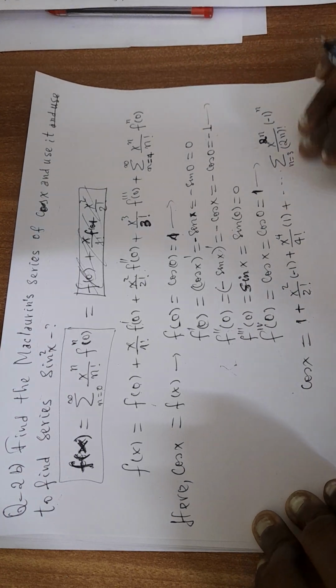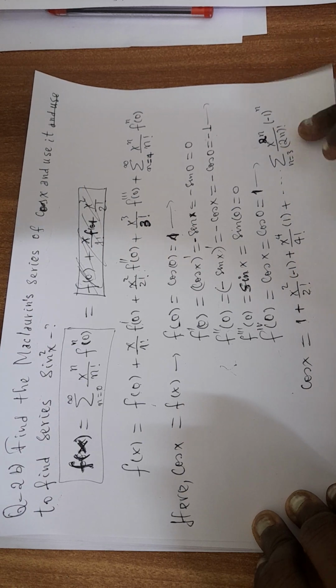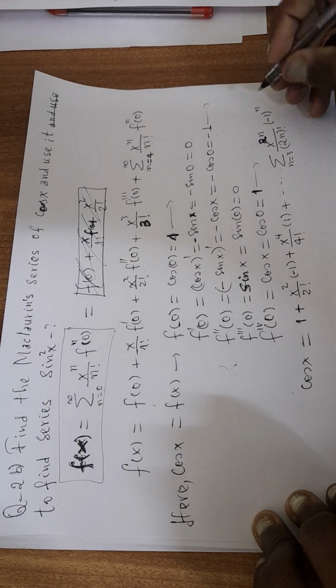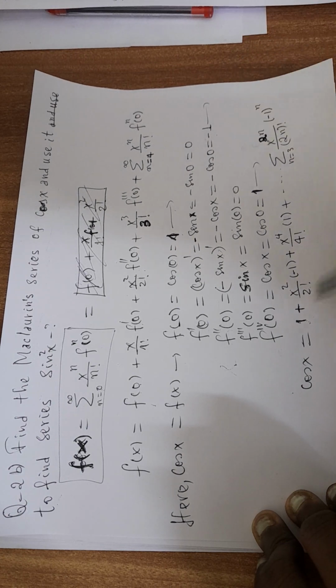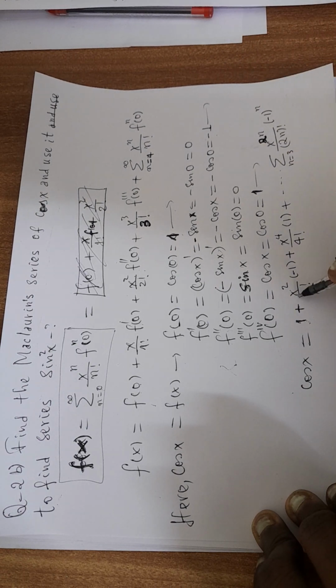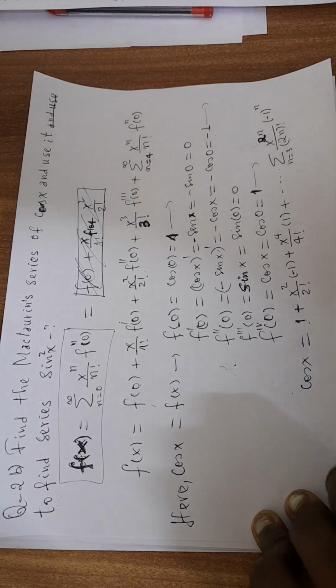This is the general term for the cos x function, from 0 till infinity. If it is 0, just put here 0, you'll get this one. If it is 1, put here 1, you'll get this, and so on.